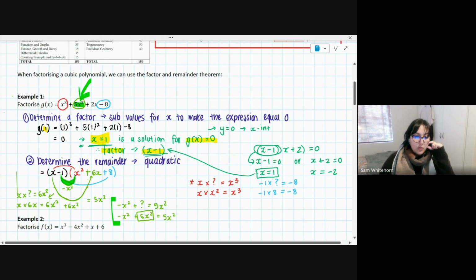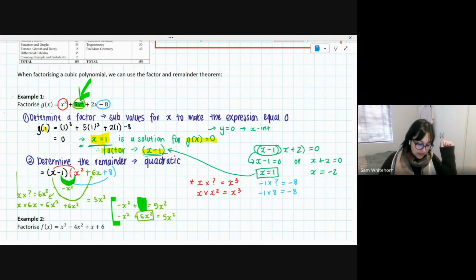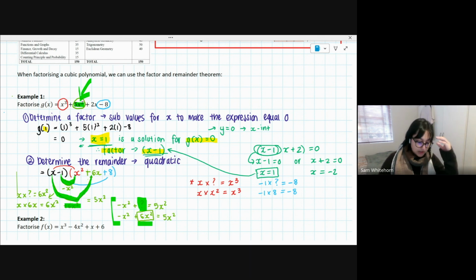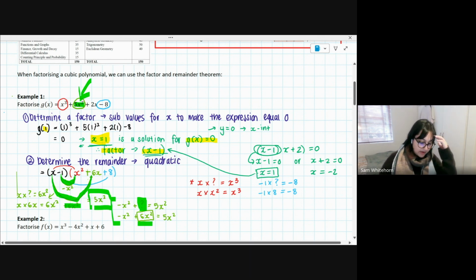So I'm saying, okay, well, -x squared plus what value will give me positive 5x squared? That value that I need to add to the -x squared is 6x squared, which means that when I distribute x to whatever this middle term is going to be, I must get 6x squared, because -x squared plus 6x squared will give me my 5x squared that I want from my original trinomial.